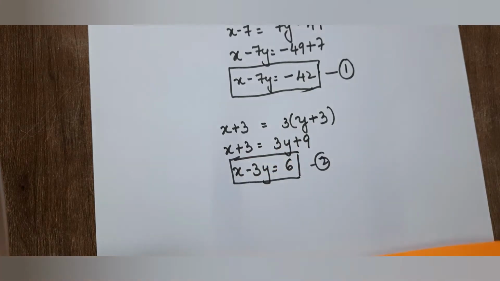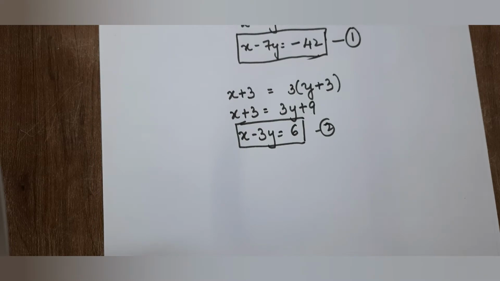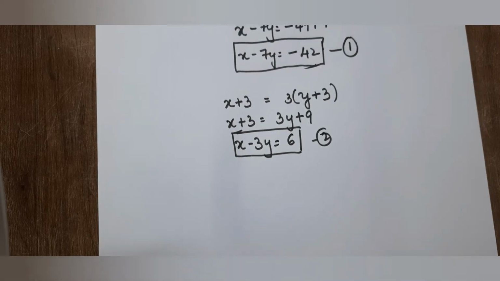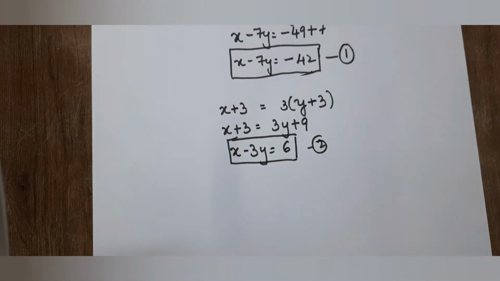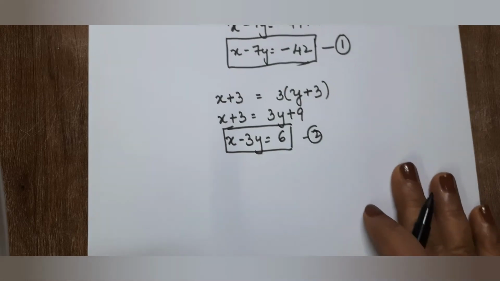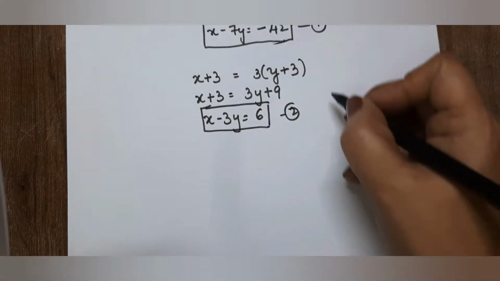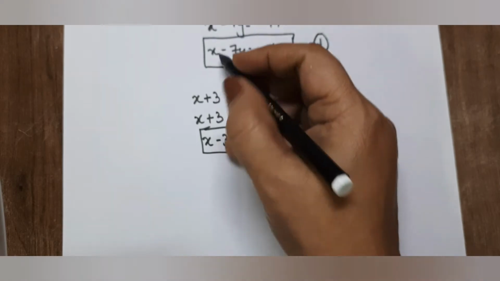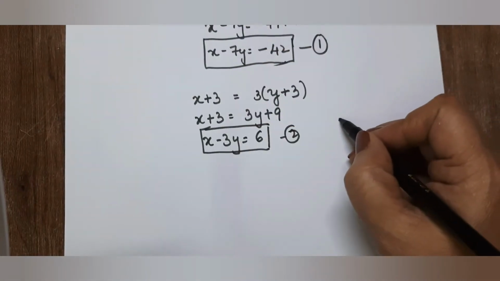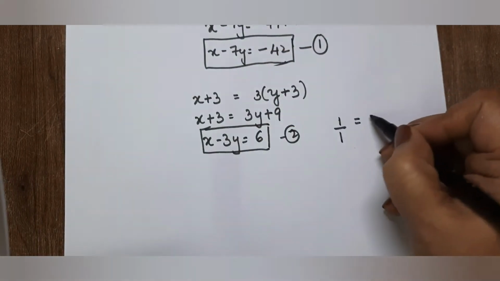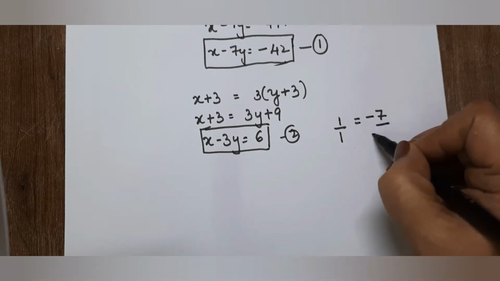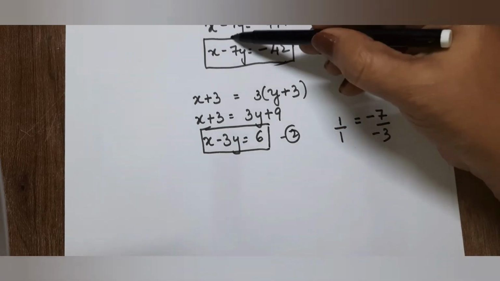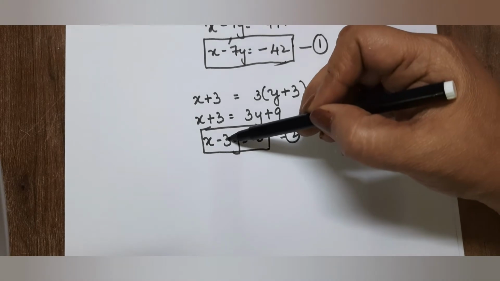The first thing you have to check while drawing the graph is what type of lines these are. That will help you to find the scale and points. So a1 by a2 is 1 by 1, and b1 by b2 is minus 7 by minus 3. I am just checking a1, a2, b1 and b2.